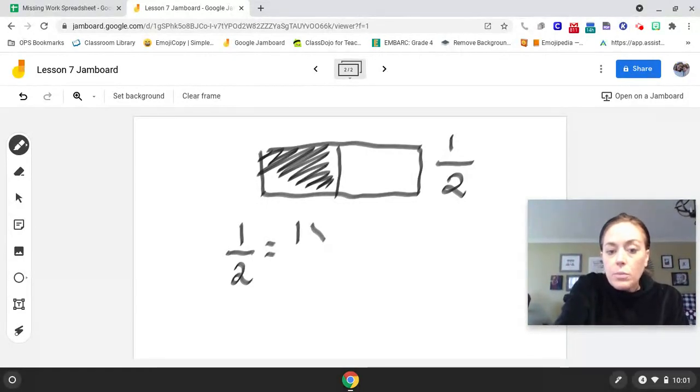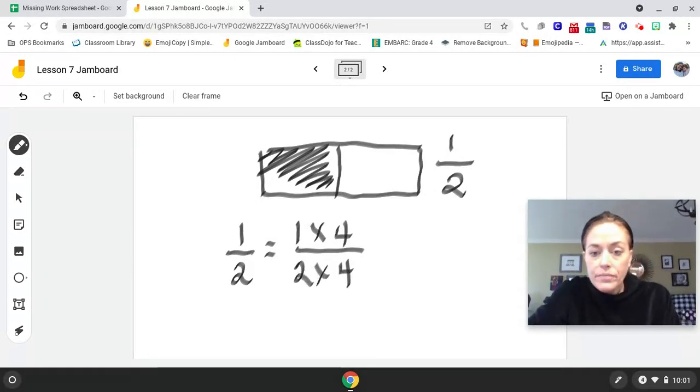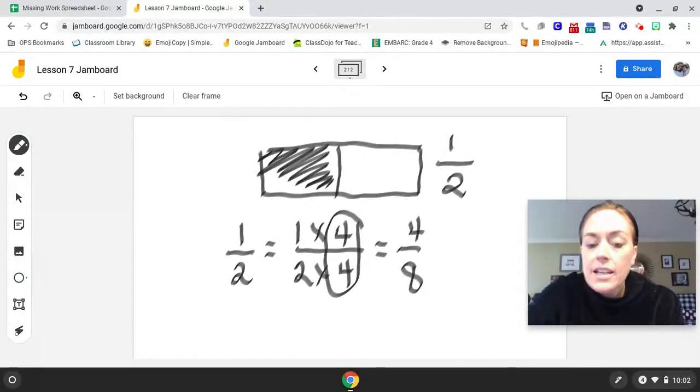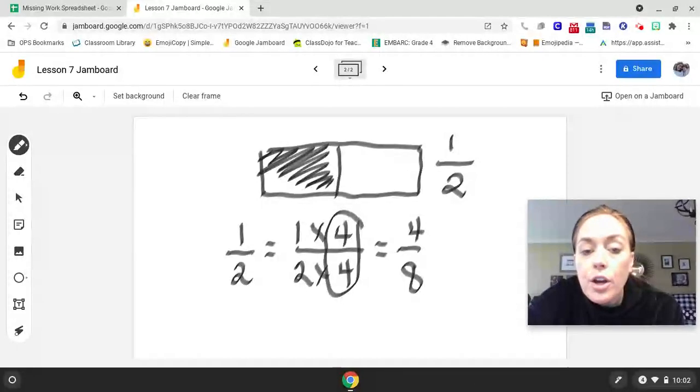Remember, I would multiply by 4, and if I'm doing it on the top, then I'm also doing it on the bottom, right? 4 times as many. 1 times 4 is 4, and 2 times 4 is 8. So if I want 4 times as many units, that means that 1/2 would become 4/8. So we know that 1/2 and 4/8 are equivalent.